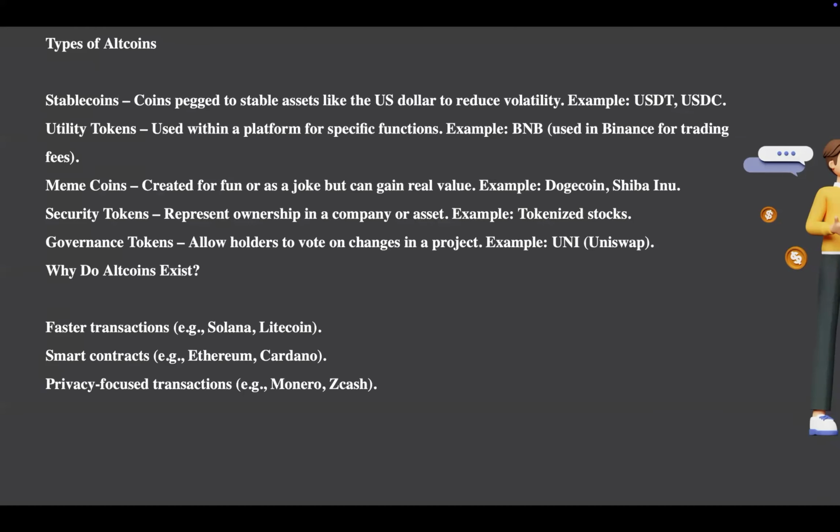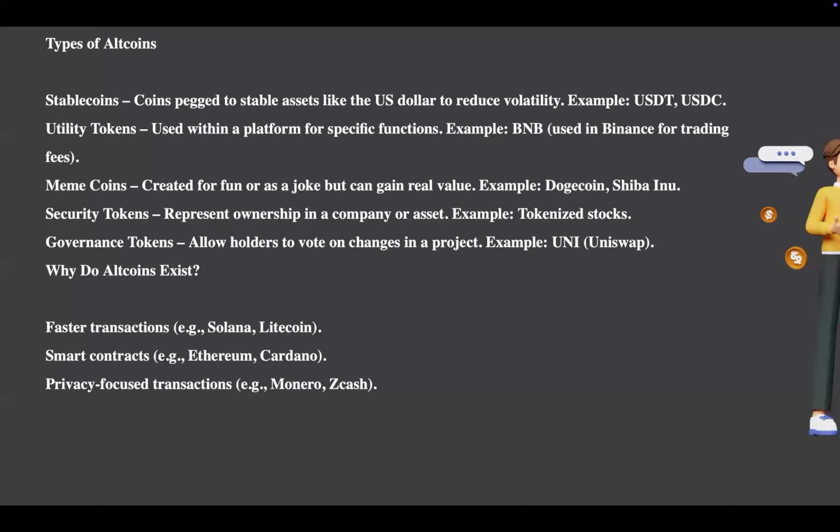This depends on the framework that the token sets for its users. Some might say, if you have more Uniswap tokens, you have higher voting power or voting rights in the ecosystem. So that's basically governance tokens.